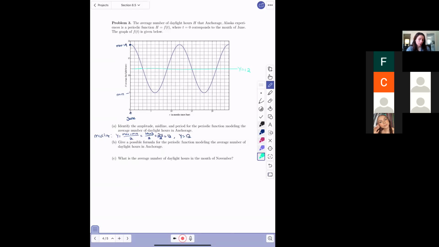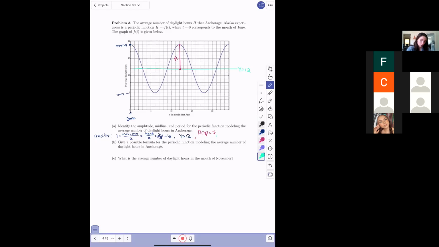Now we have to figure out the amplitude, which is the distance from the midline to the peak. So what is the distance from 12 to 19? 7. Good. So amplitude is equal to 7.